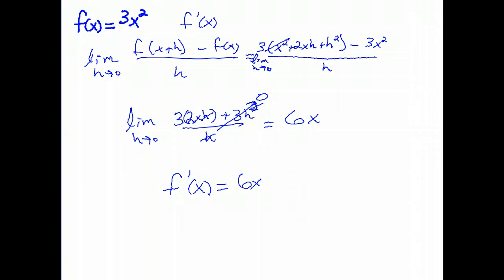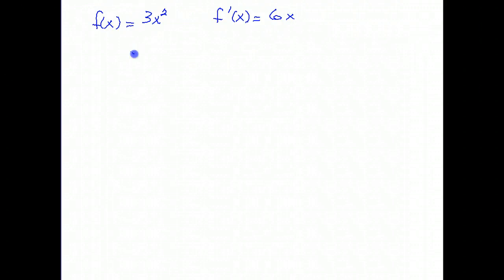Now, moving on, let's jump to number 13. Number 13 tells us to use the function that we used in number 1. So the function f of x is equal to 3x squared, and we just found that f prime of x is equal to 6x. And we want to find f prime of a when a is equal to 3.